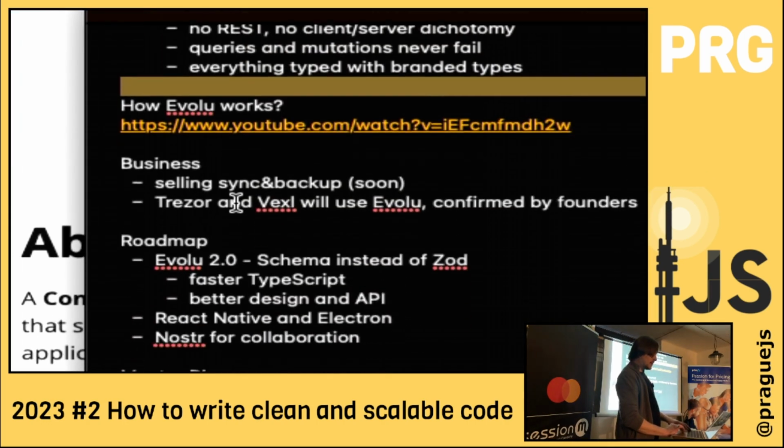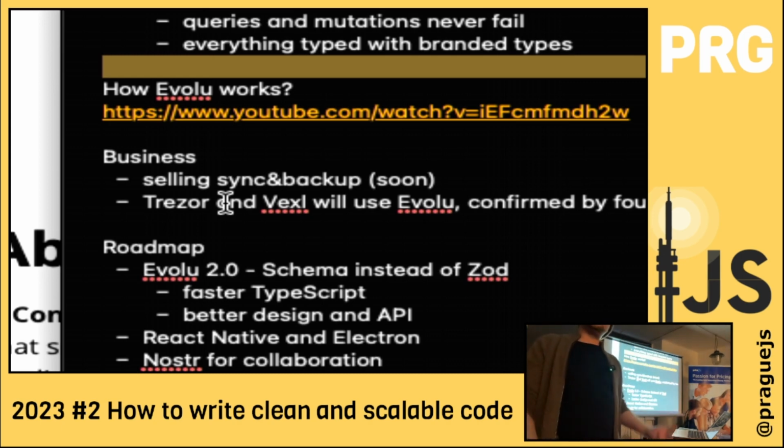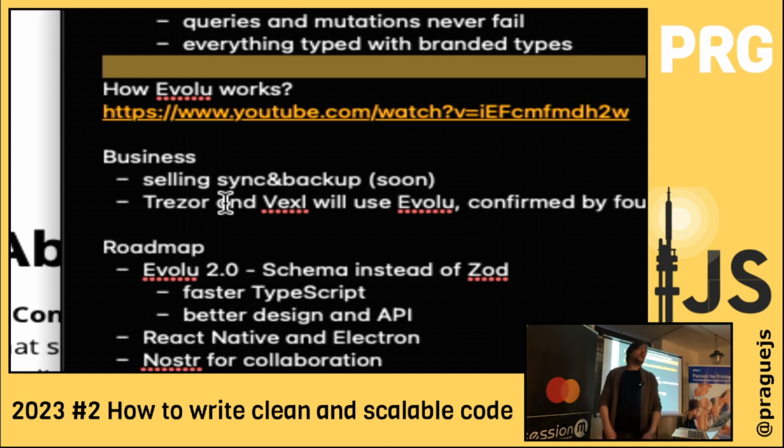So, business. Where is the business? Because Evolu is open source, and the Evolu server is open source as well. Where is the money? My idea is to sell the sync and backup Evolu server for you.